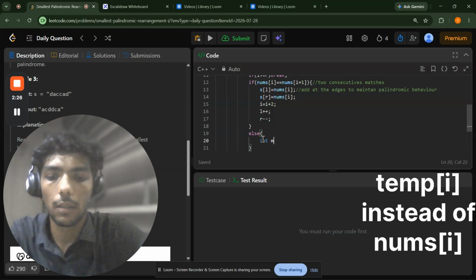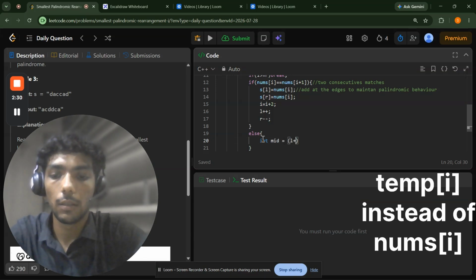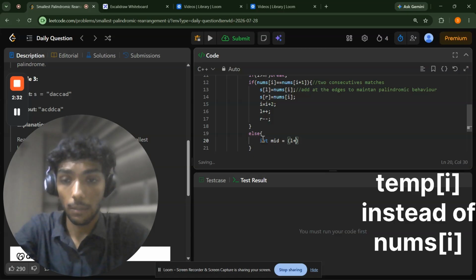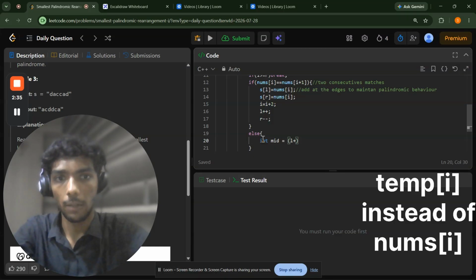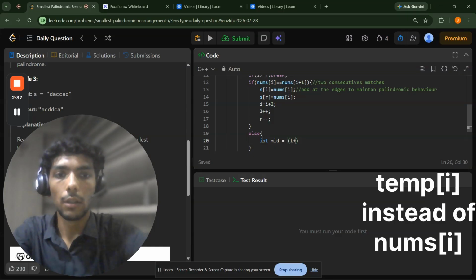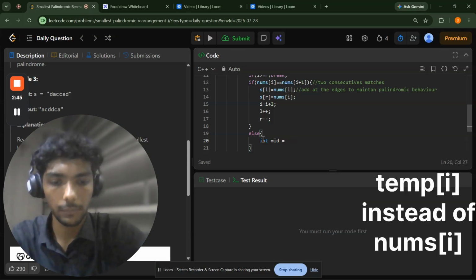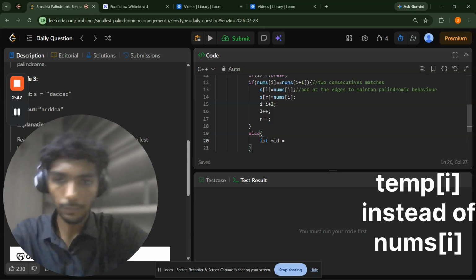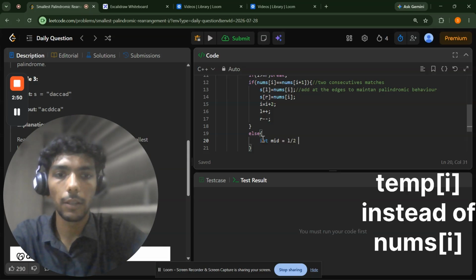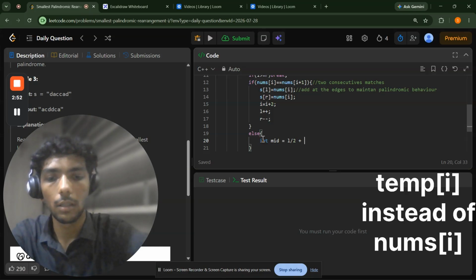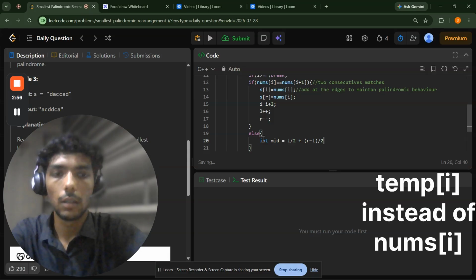So int mid equals to, since L is incremented by 1 and R is decremented by 1, L plus R will always remain same, but we do not find mid this way. We do it by, let's check once.